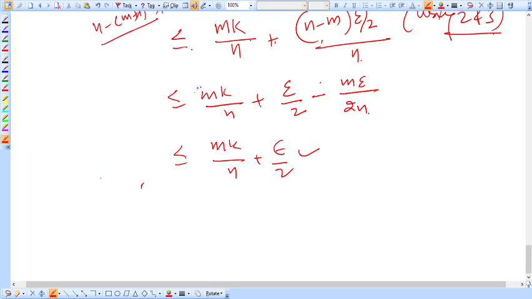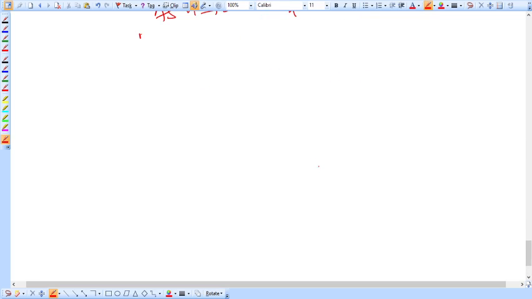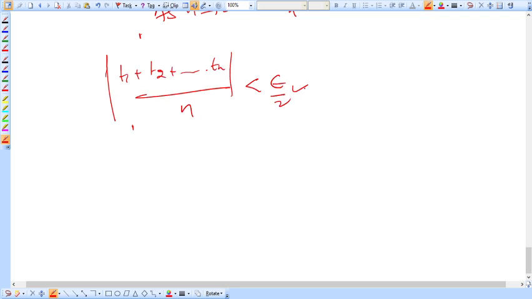We know as n goes to infinity, mk divided by n also goes to 0, right? So therefore t1 plus t2 up to so on tn divided by n is less than epsilon by 2.